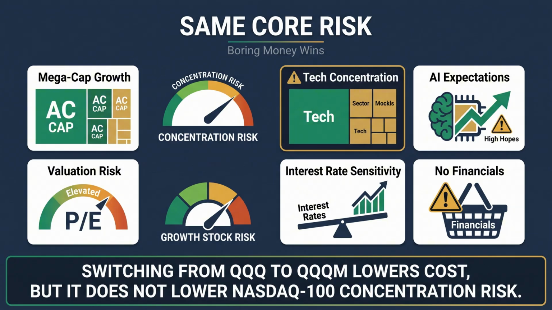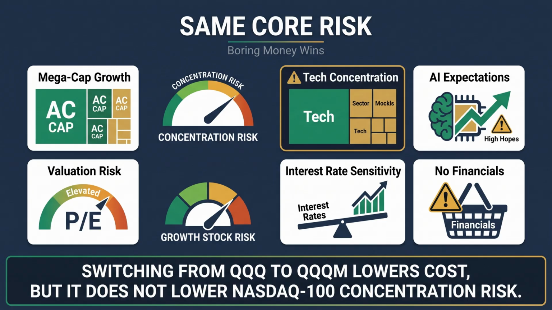Both ETFs still have similar exposure. That means both can be heavily influenced by mega-cap growth stocks, technology, AI expectations, valuation, interest rates, and investor sentiment toward high-growth companies. The Nasdaq-100 also excludes financial companies, so it is not built like the S&P 500 or the total U.S. market.